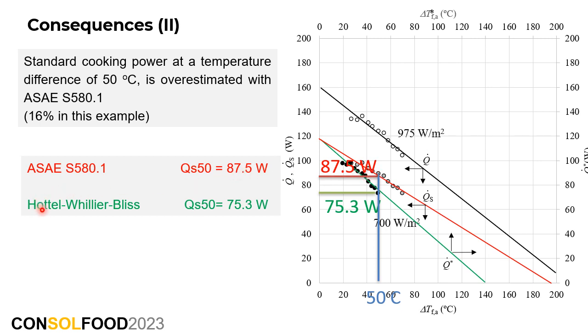And with the correct formulation, the standard cooking power is 75.3 watts. So there is a difference. The overestimation is 16% in this example, which is not negligible.